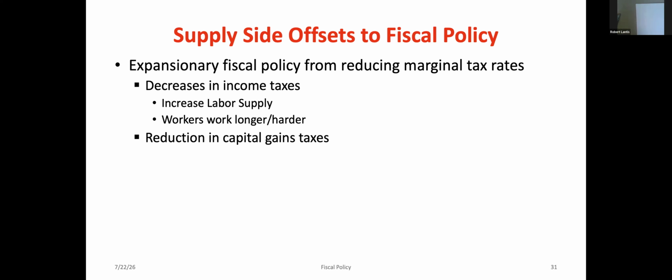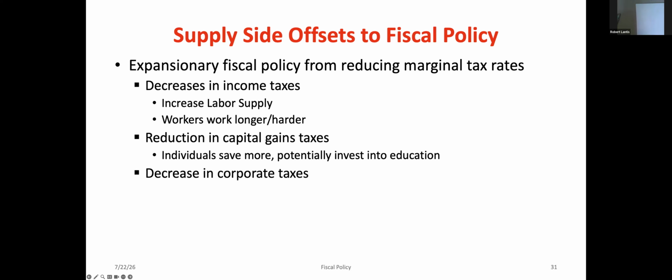Right? Also, if we see a reduction instead of from income taxes, in capital gains taxes, individuals will now save more, right? Because now investing in the stocks, I get to keep more of that money. Potentially, we see them take that money and increase their investments into education. So that would also change a factor of production, right? Labor, education, or if I use corporate taxes, now companies have more.